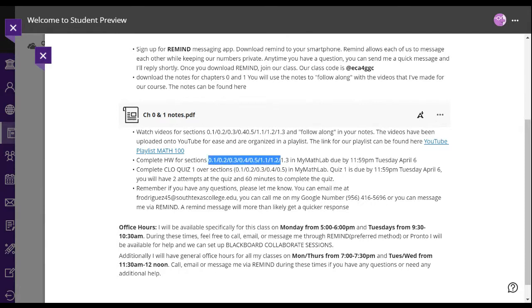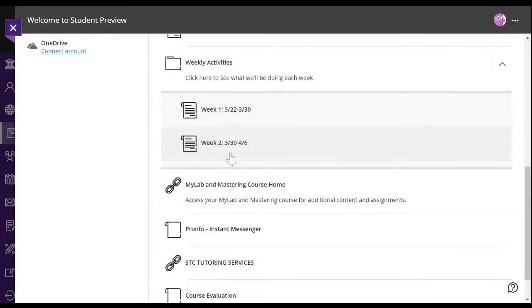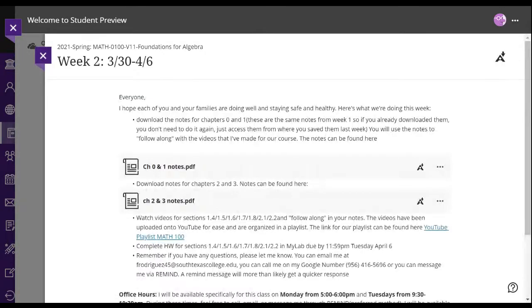So like from last Monday until tomorrow, this is what you guys should have really done, right? You should have tried to do as much of this as possible. And then from today or tomorrow, if you want, until next Tuesday, you should be working on these parts right here.